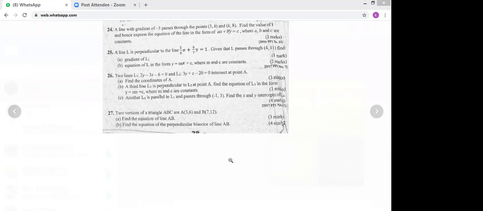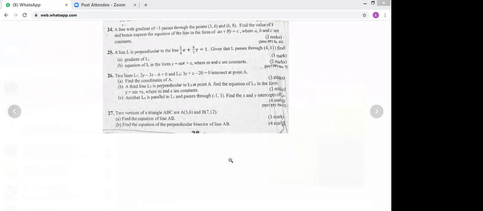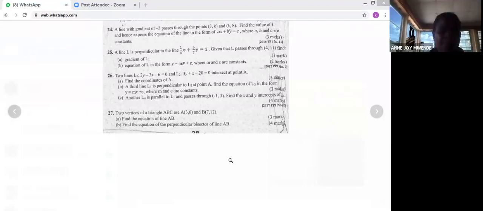In C, I found that x = 1/3 and y = -1. Okay, I remember telling you that the y-intercept or x-intercept is supposed to be a coordinate.